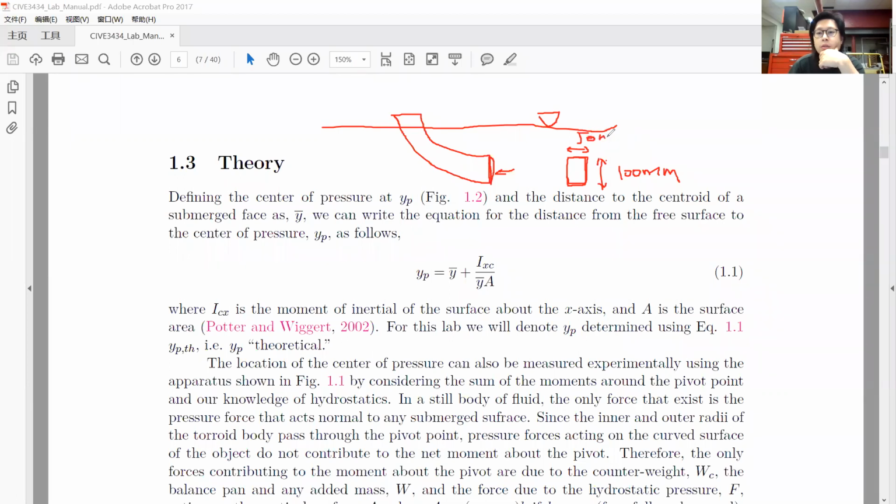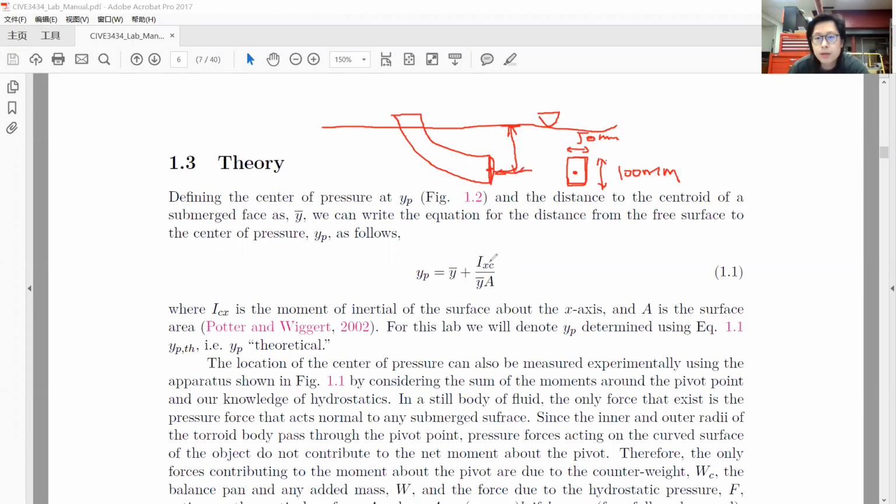I'm not sure. So in this equation, y bar is from the free surface to the midpoint of this area, to here. That's our y bar.